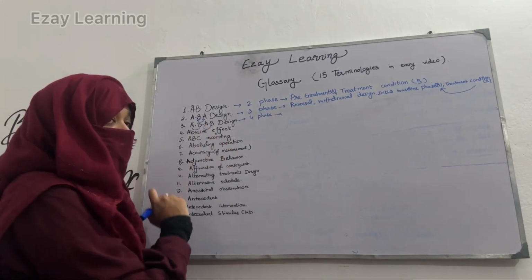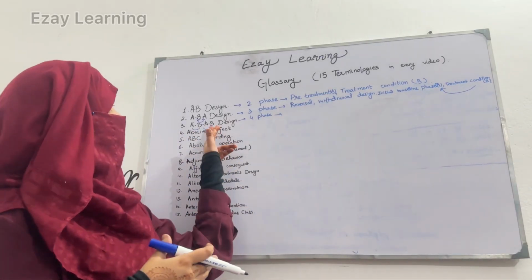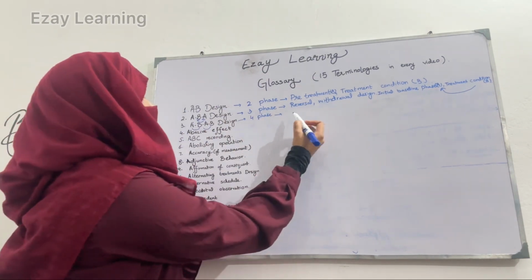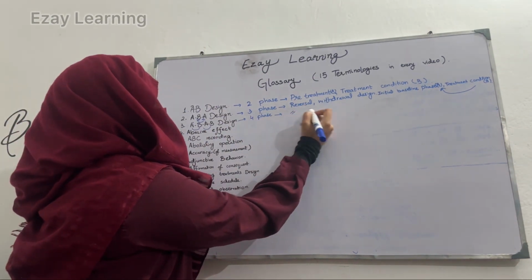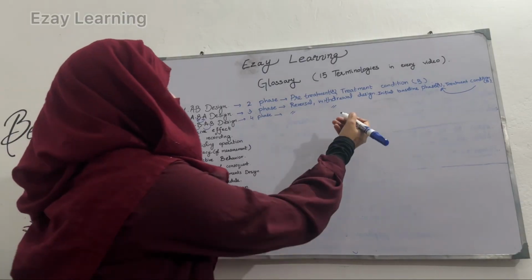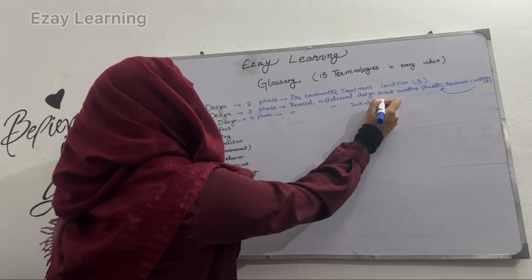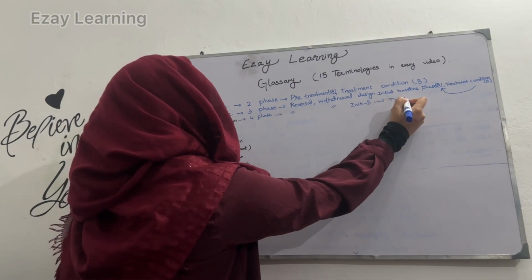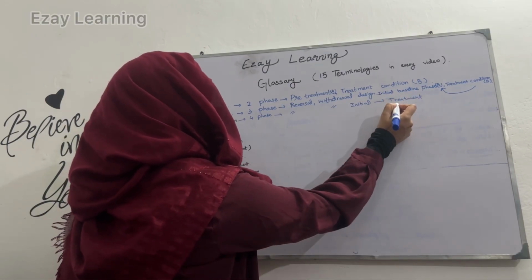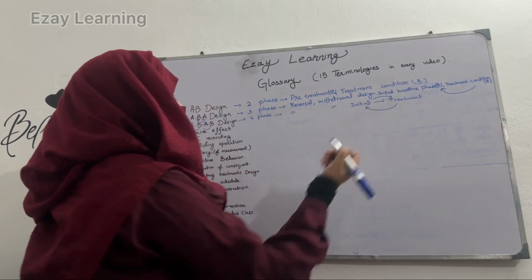So to see the replication, we reverse the condition again. So it would be more like initial baseline, treatment, then back to baseline, and then treatment again.